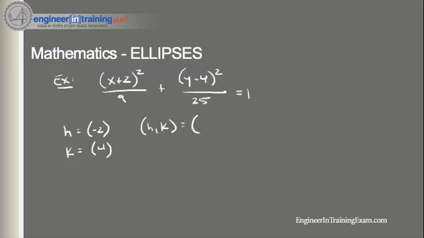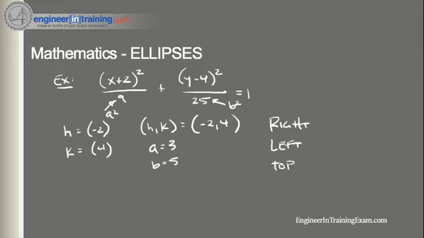And so what we want to do now is determine what a and b are. We know the term below the x term is a squared, and the term below the y term is b squared. All we need to do is take the square roots to find out that a is going to equal 3 and b is going to be equal to 5. So let's go ahead and write this down. We want to find the right point, the left point, the top point, and the bottom point of this ellipse.